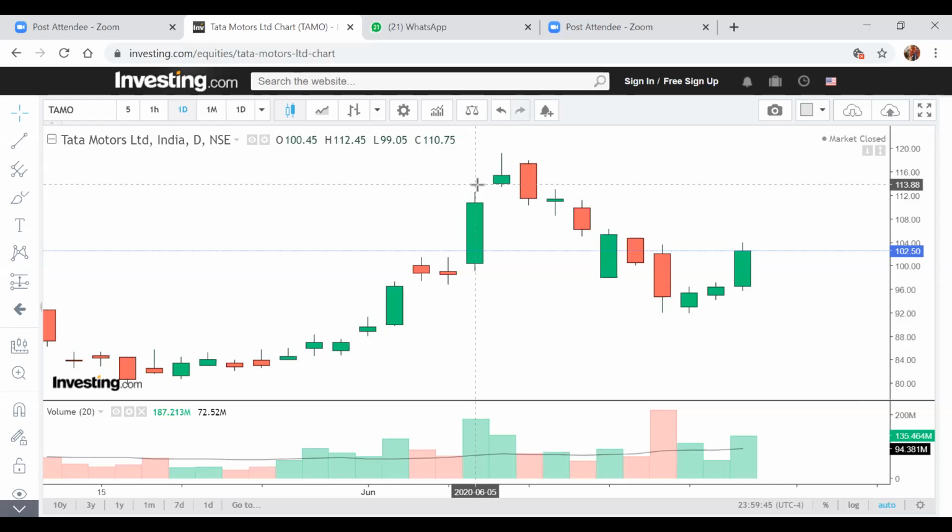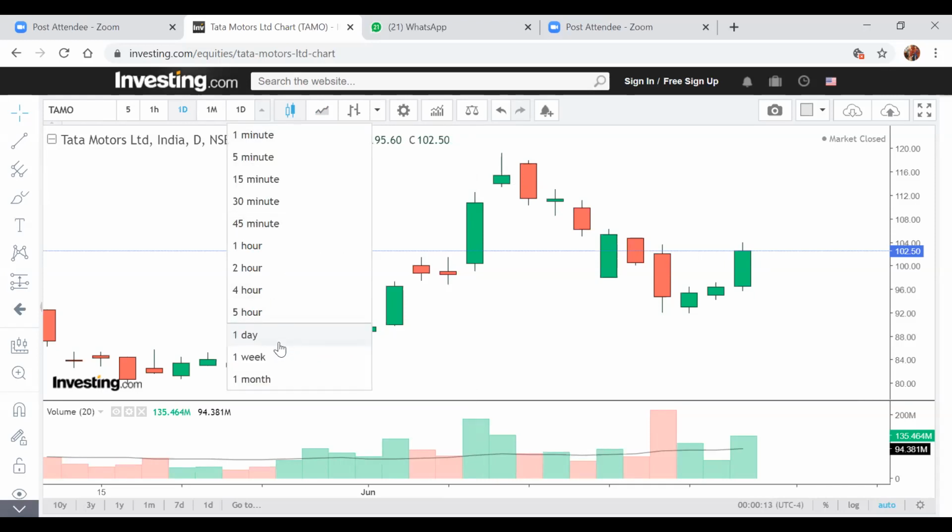The open price is 145, the high went up to 112, the low 99, and it closed at 110. This is the basic. So each candle is for a day, because I filtered by day. Overall it shows the picture for a day.